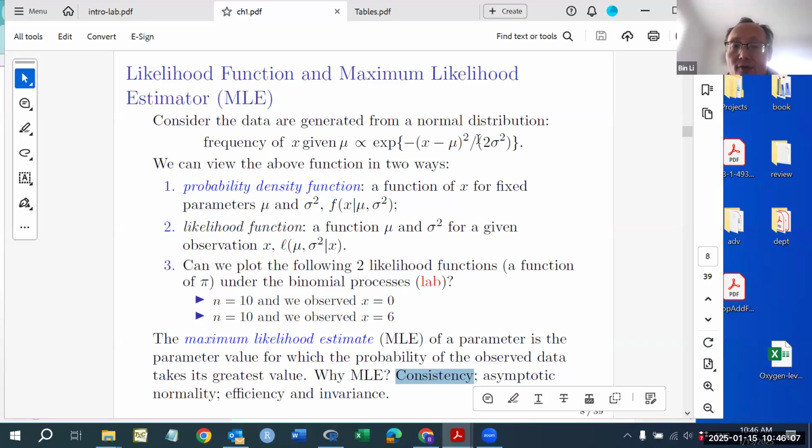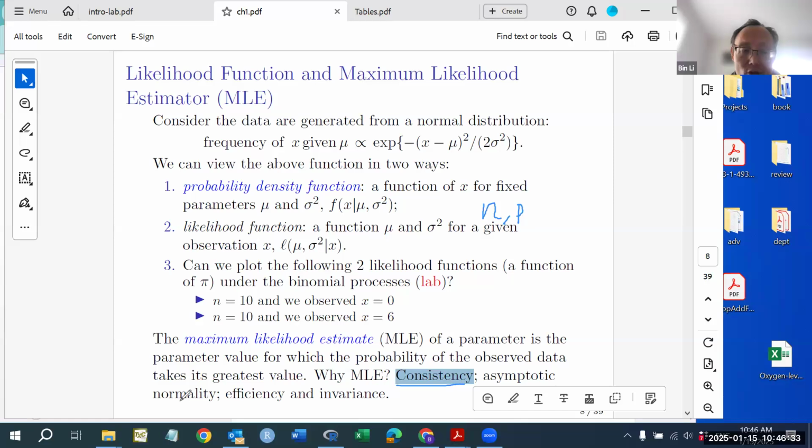So for the binomial, we have two parameters, right? N and P. If we have more and more samples, consistency means that our MLE estimate will converge to the true value of the parameter. So that's a very nice property, right?